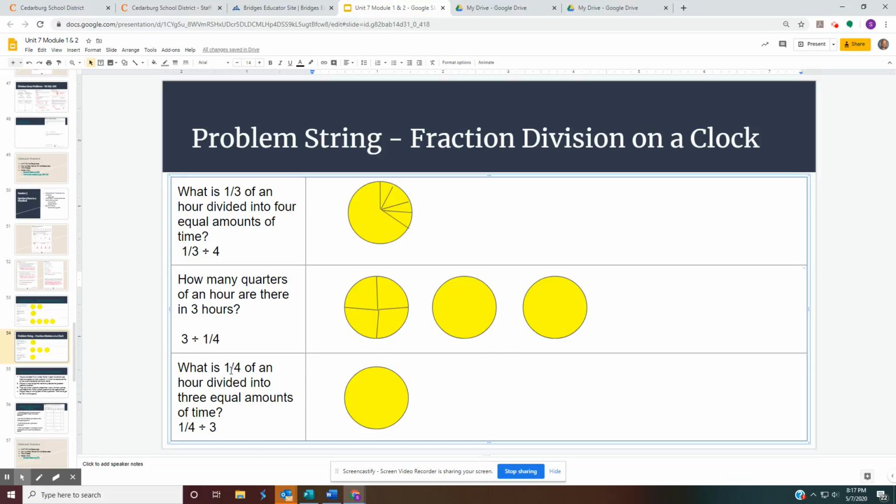What is a quarter of an hour divided into 3 equal parts? So if we do what we did with the above clock and just show where a quarter of an hour would be, where does this line end up? That line ends up at the 3, right?